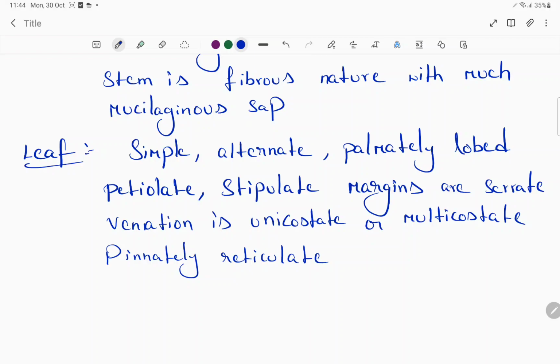The leaves generally have stellate hairs, stellate hairs on leaves, with mucilaginous ducts.